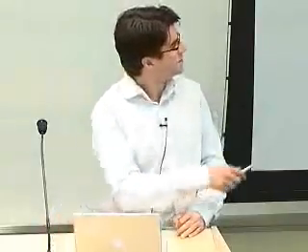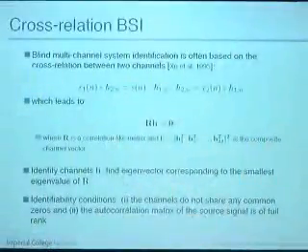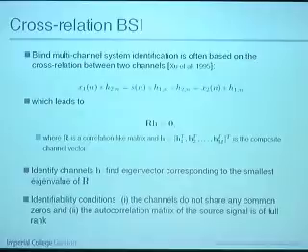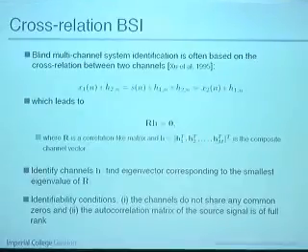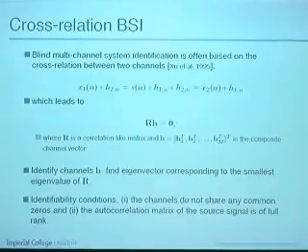And using this, you can form some system of equations which give you the opportunity to find the solution for h, which is actually a scaled solution of h, by finding the eigenvectors corresponding to the smallest eigenvalues of R, which is a correlation matrix.